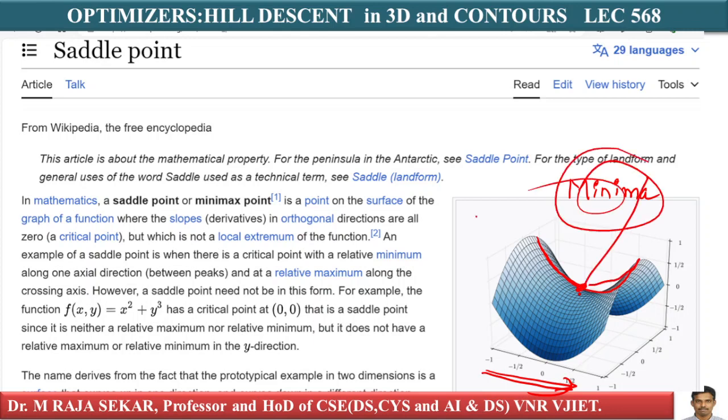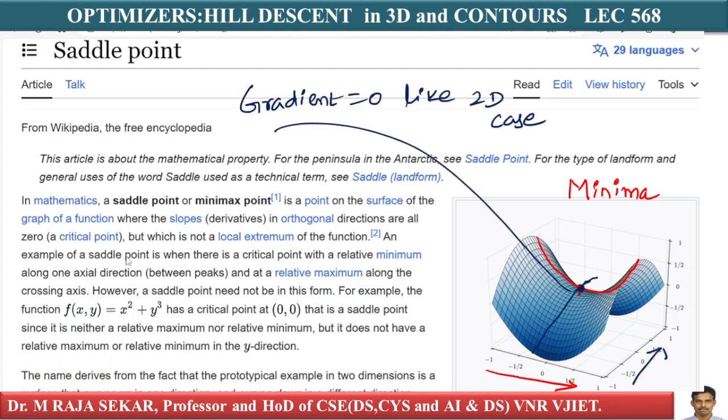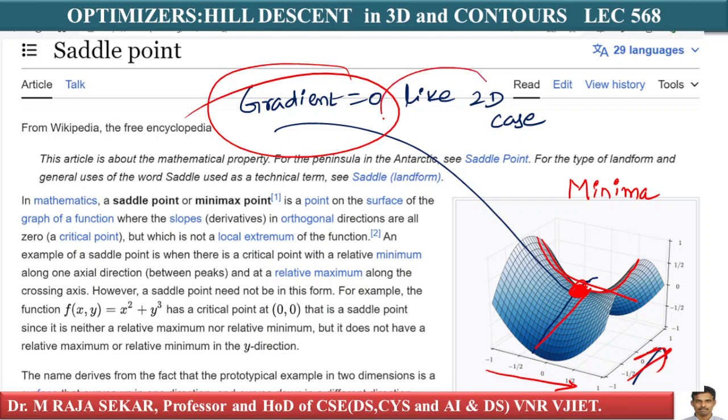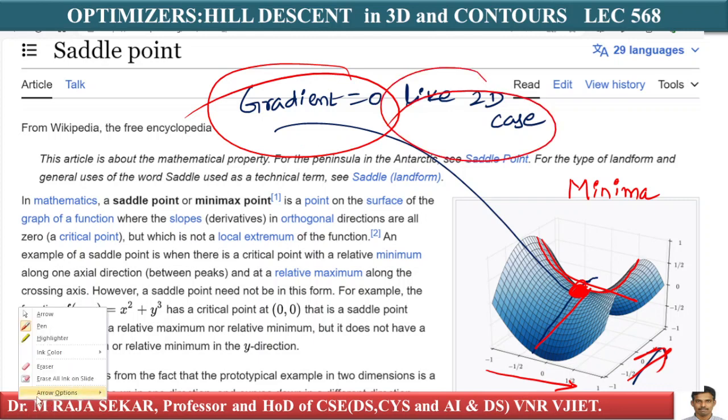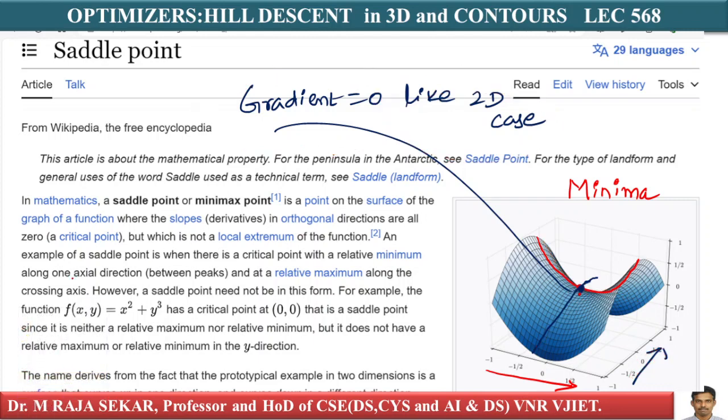If you take the same thing along this axis, this one is a maxima. They are intersecting, therefore this point is a saddle point. Here your gradient is 0, slope is 0, like the 2D case. For a saddle point also, slope equals 0, and it is neither maxima nor minima.